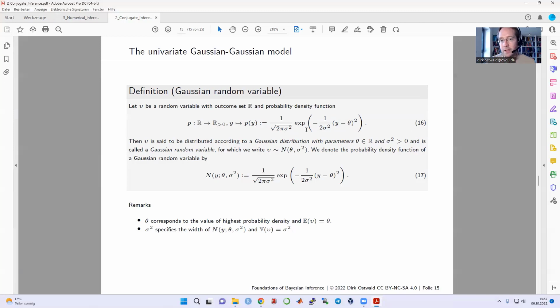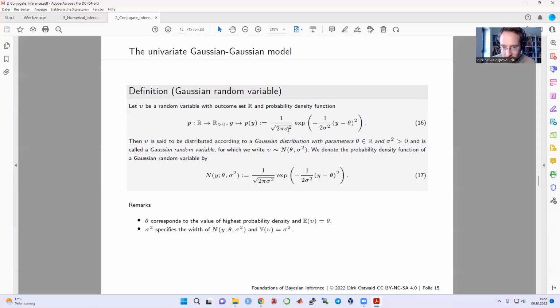And now, to normalize this so that it integrates to 1, in terms of the linearity of integrals, if you put the integral sign here where I point with the mouse, this term is not dependent on y. You want to integrate over y, so you can take it out of the integral. This thing will integrate to the square root of 2 pi sigma square, and then you multiply it by 1 over the square root of 2 pi sigma square, and then you get 1.